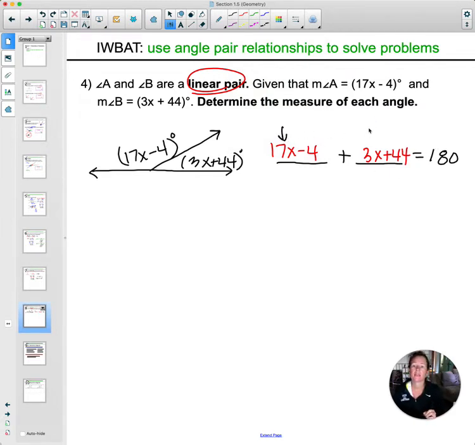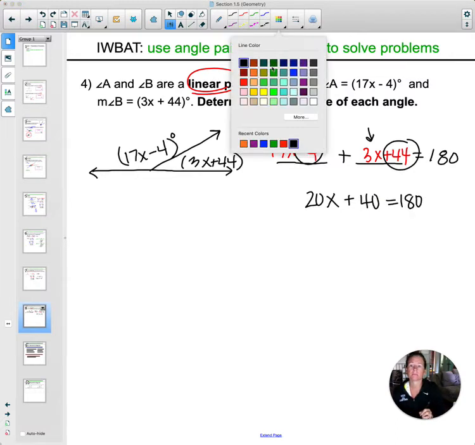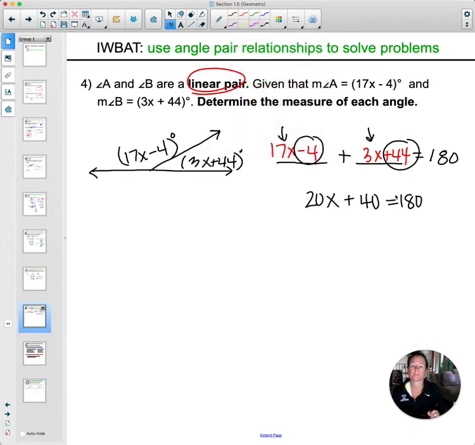Again, combine like terms. So we've got 17x and 3x, so we have 20x. We've got a negative 4 and a positive 44, which is positive 40. And that is totaling 180. So 20x and 40. The 40 is a like term with the 180.